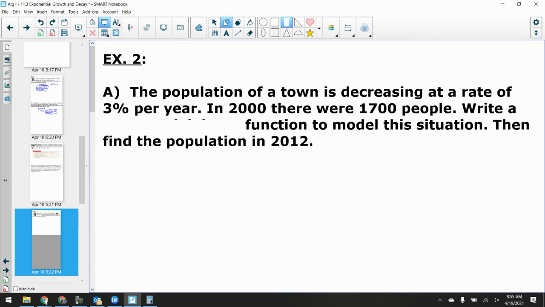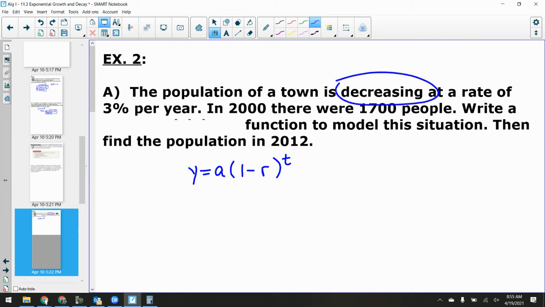So let's write our formula out. y equals a times (1 minus r) to the t. Why do I know that it's minus? Because it's decreasing, and it's decreasing at a rate of 3%. In the year 2000, there were 1,700 people in this town.